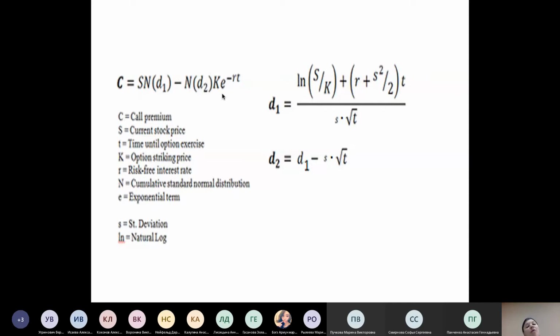In other words, our call premium will be transformed into the net present value of the project using real options, that is, our financial result of the project using different flexibility. As for our current stock price, it will be the discounted value of our cash inflows. In other words, our current financial result of the project.